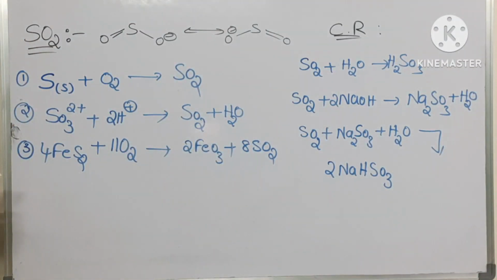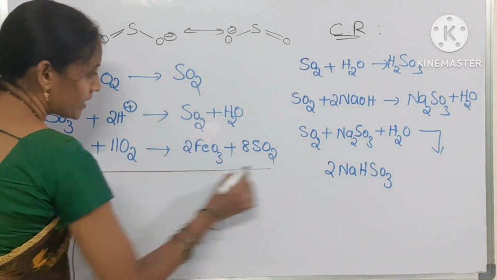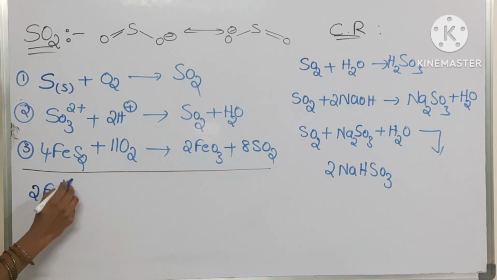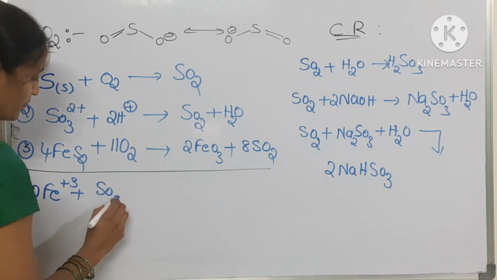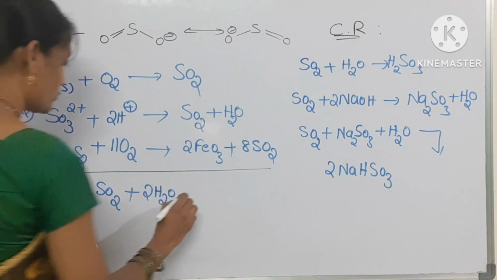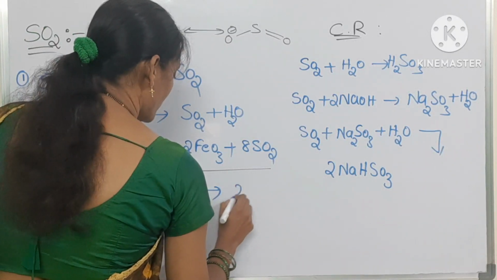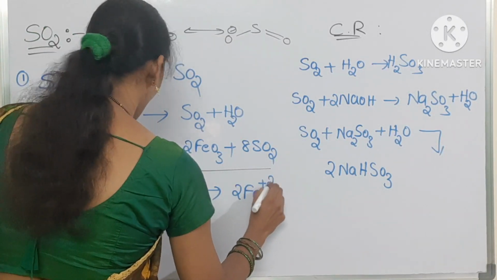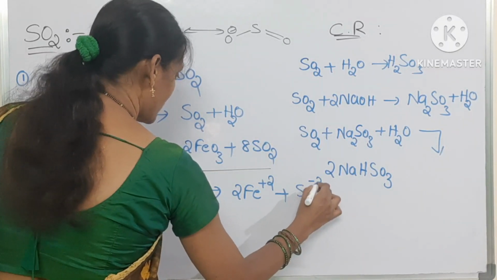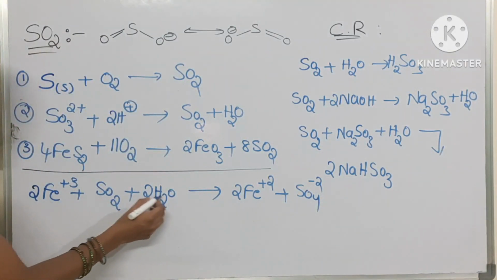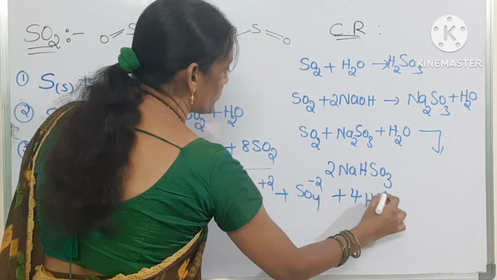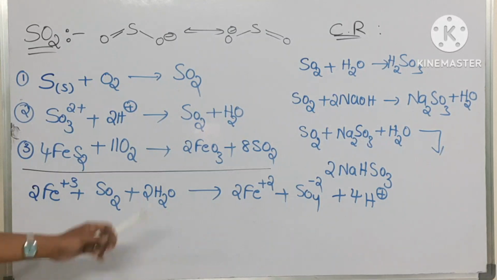You can see that reaction here. I am writing 2 moles of Fe plus 3, SO2 and 2 moles of H2O. So Fe plus 3 converts into Fe plus 2, and SO2 becomes SO4 minus 2, plus 4 moles of H plus.